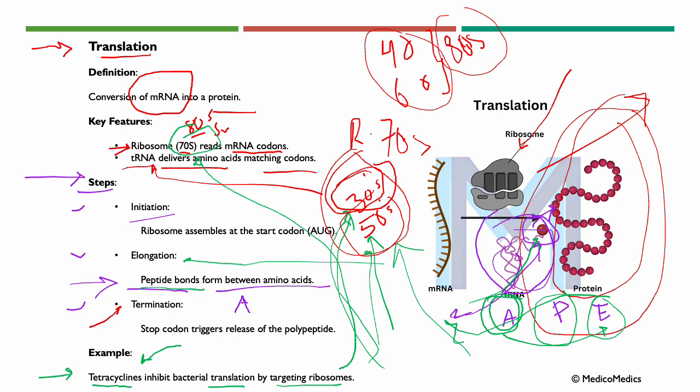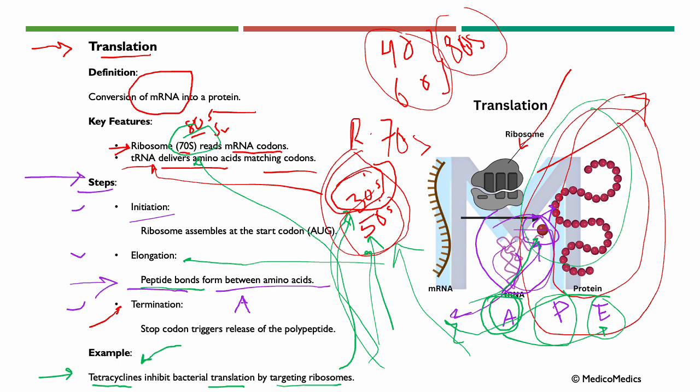So we can't get peptide bonds forming between these amino acids. Ergo, we will not be producing these proteins. So we say that these tetracyclines are bacteriostatic. They inhibit bacterial growth without killing them.